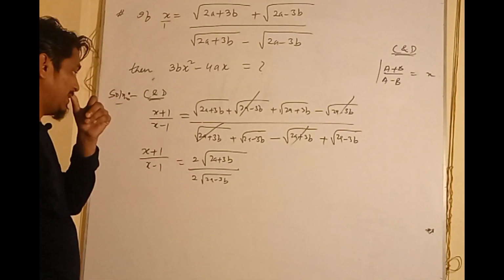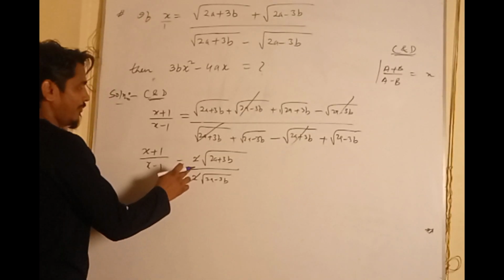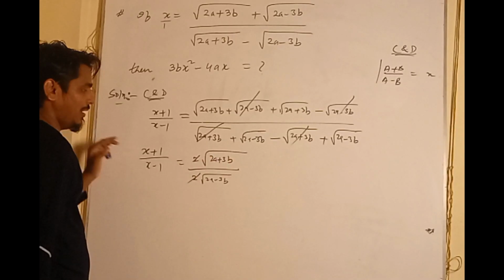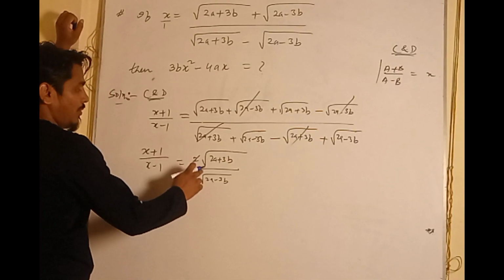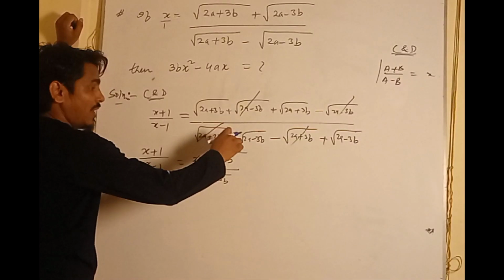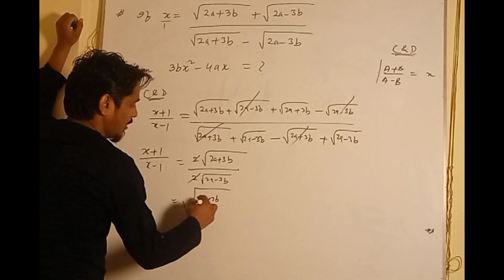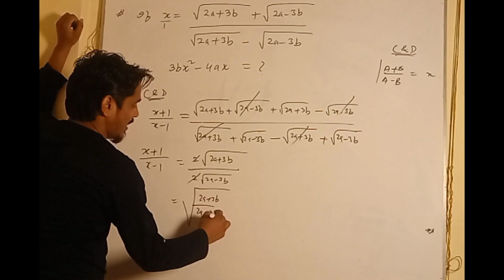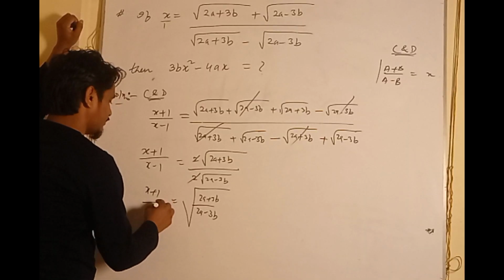If we cancel the 2 from both sides, we are left with root of 2a plus 3b over root of 2a minus 3b. As root is in both denominator and numerator, this root will be common. So this will become root of (2a plus 3b over 2a minus 3b) is equal to (x plus 1) over (x minus 1).